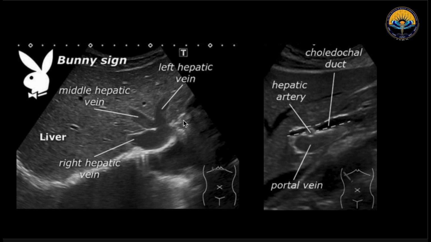Further, if we orient our probe a little, we will see the normal portal vein, and above the portal vein we will see the common bile duct or CBD. So we will see portal veins, left, middle, and right hepatic veins, and the CBD.